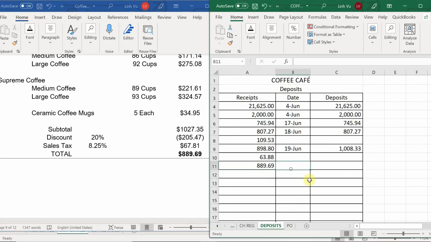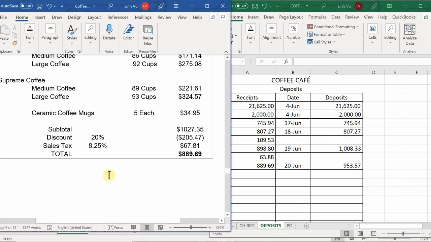8.69 plus today's 63.88. It is the 20th. And we have 953.57. Yep. Okay, good. It's supposed to be on the bottom, the total.